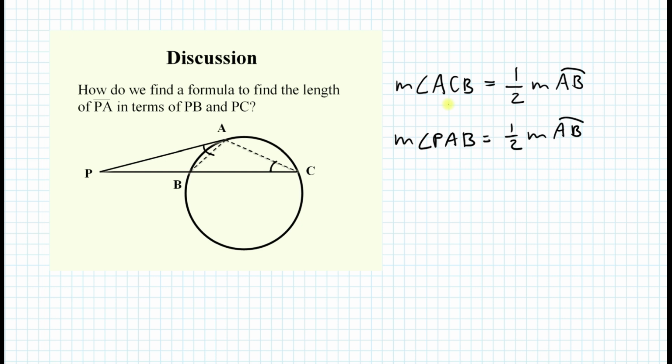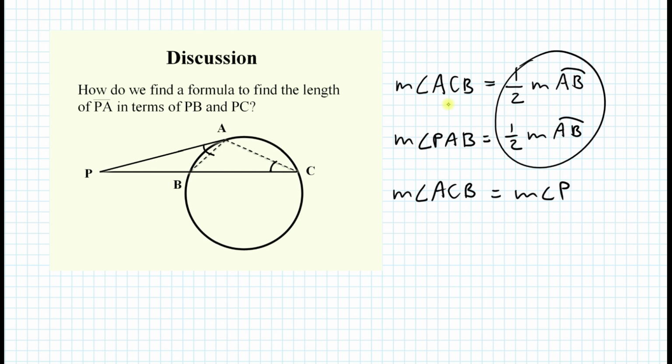Since both of these are equal, we can now substitute and say that the measure of angle ACB is equal to the measure of angle PAB. So they're equal in measure. Therefore, angle ACB is congruent to angle PAB by the definition of congruent angles. So here we already have one of the angles that is congruent in both triangles. Do you see any other angles that are congruent?